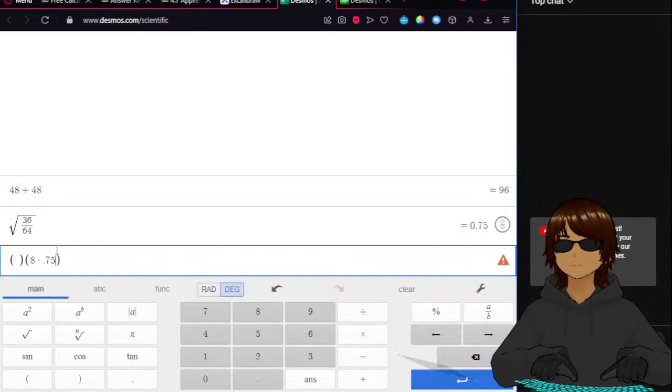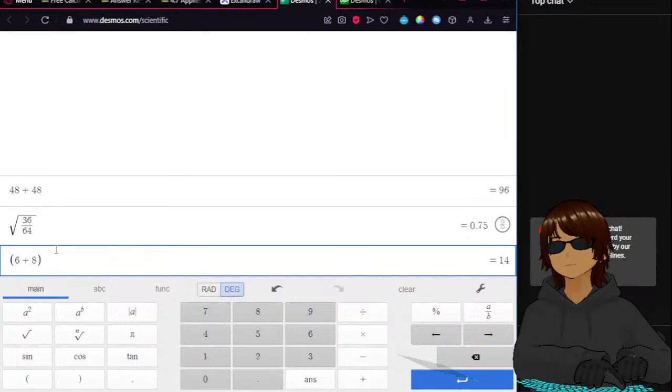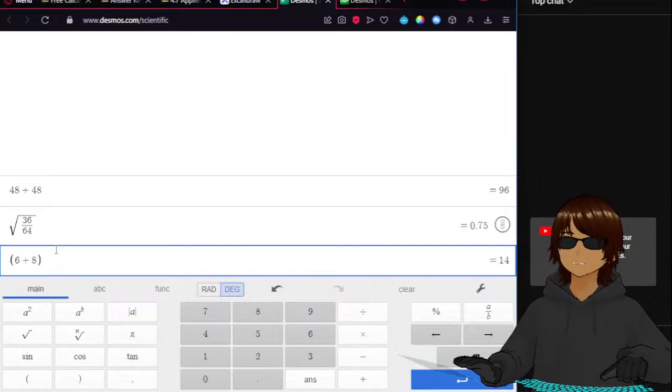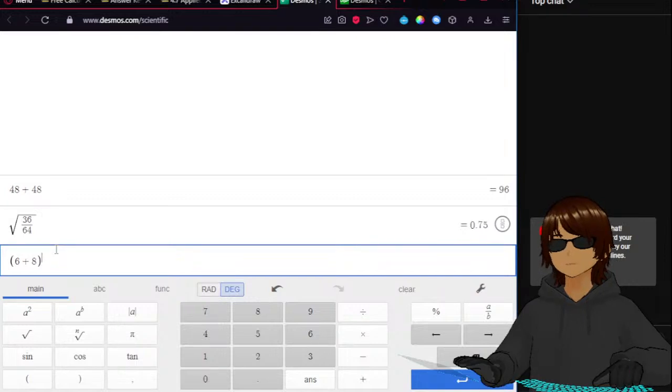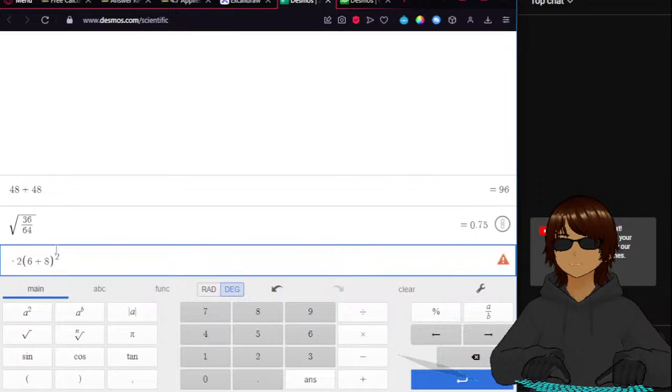It's just 8 and 6 though. Divides 8 and 6. 8 and 6 square. Times 2.